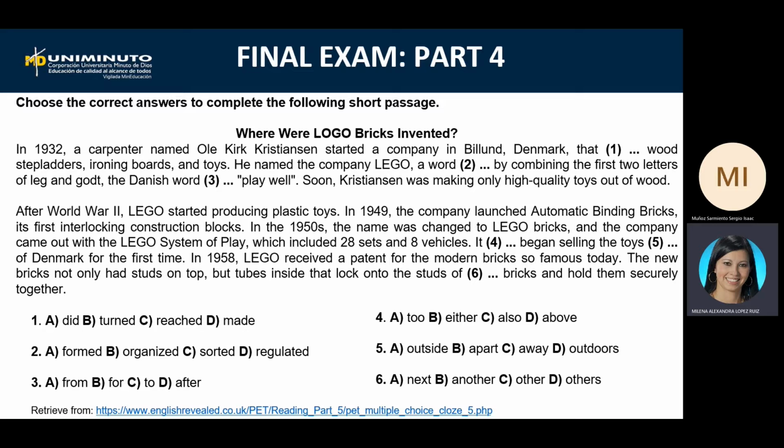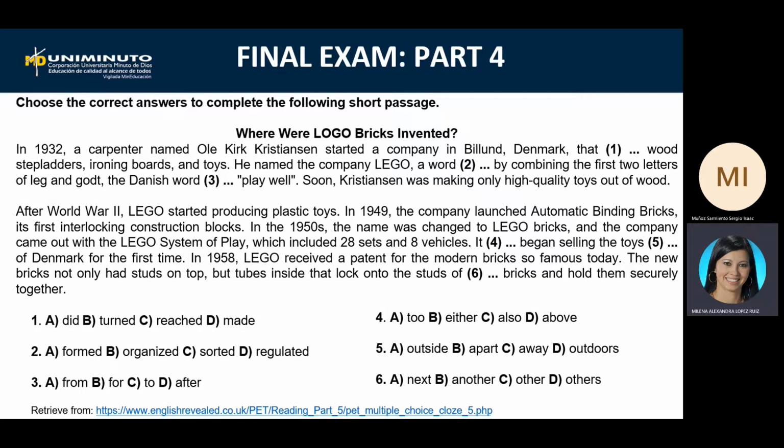All right, questions? I was confused about what studs are. Do you know Legos?